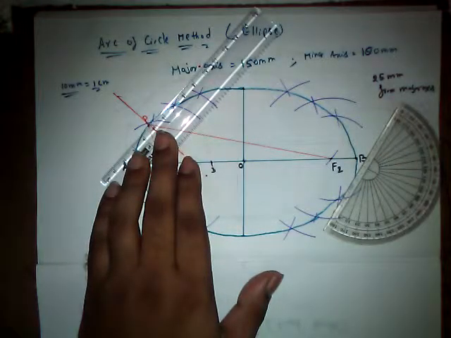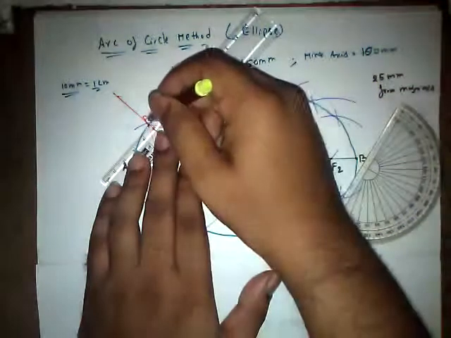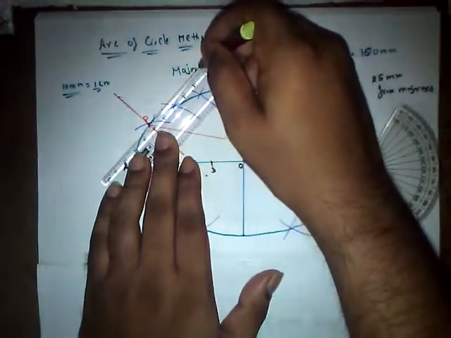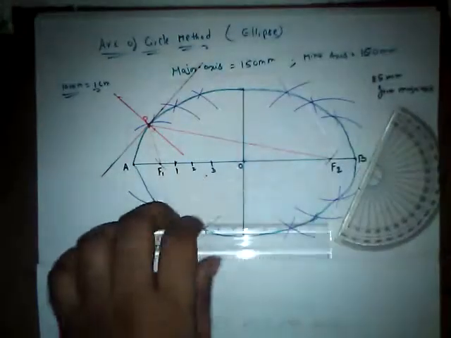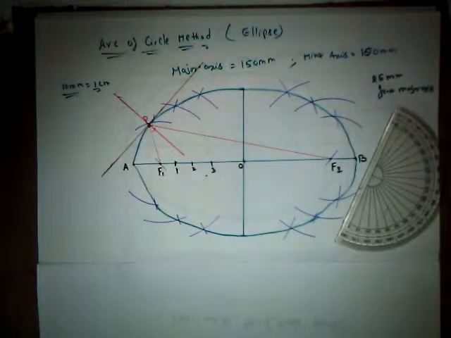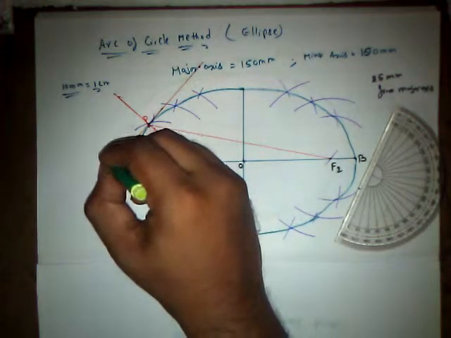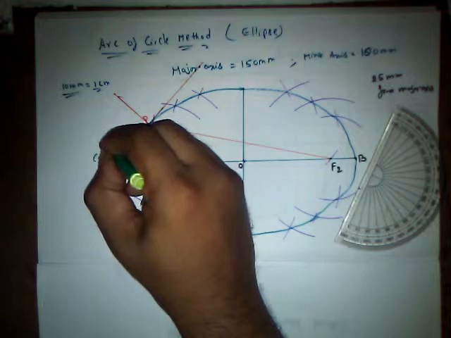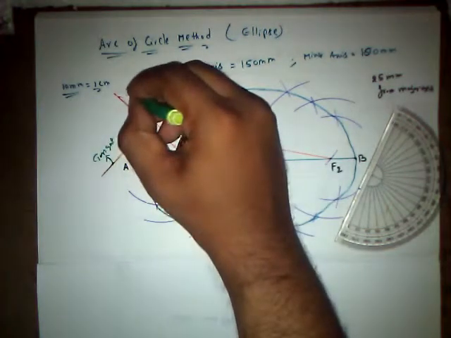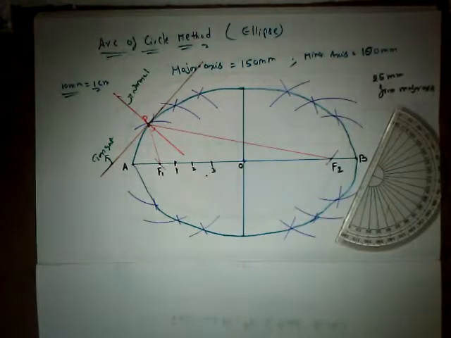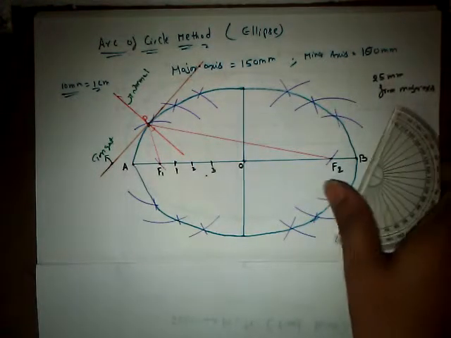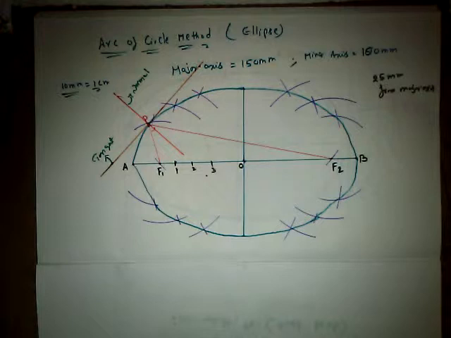We are going to get a new line. So this is our tangent and normal construction. Remember, this is the tangent and this is the normal. Every time, a normal cuts the curve and a tangent just touches the curve.